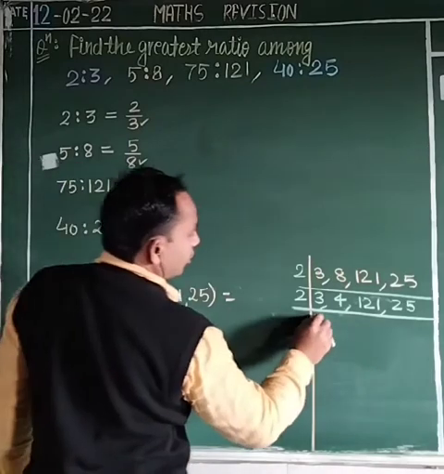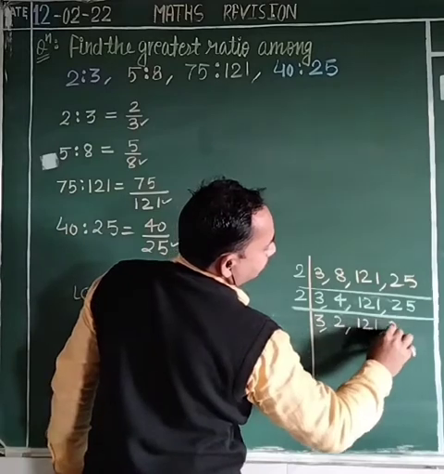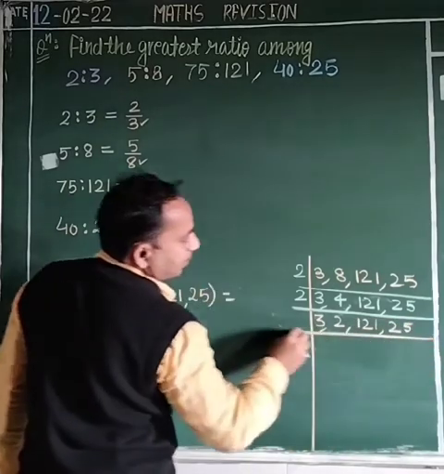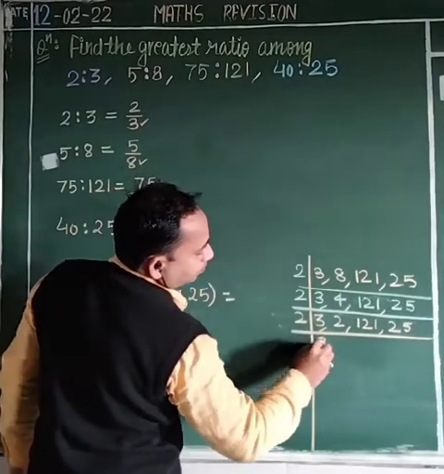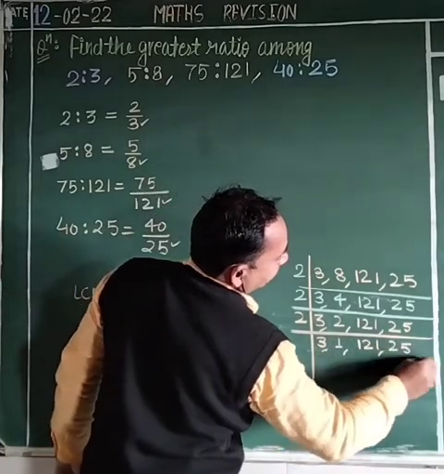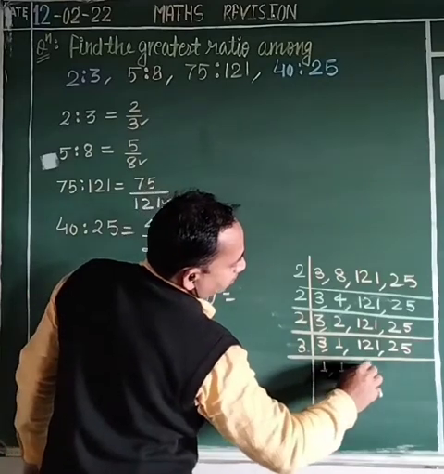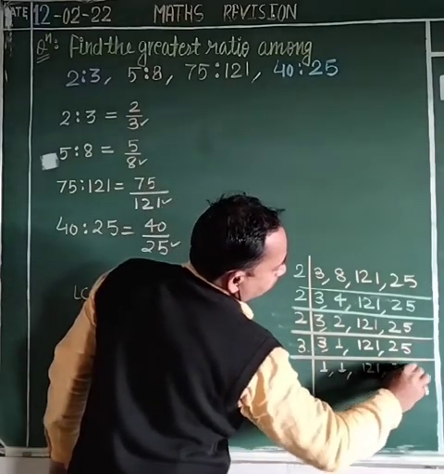So this is 3, 2, 121 and 25. Again 2, 1, 121 and 25. Now take 3, 1s are 1, 121, 25.